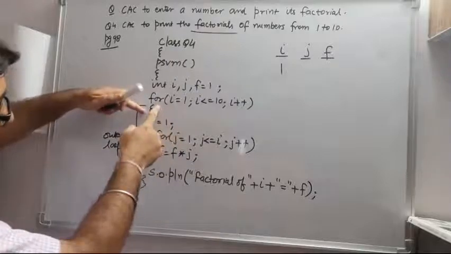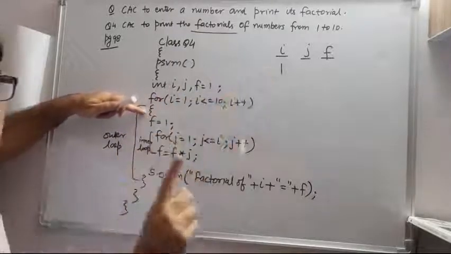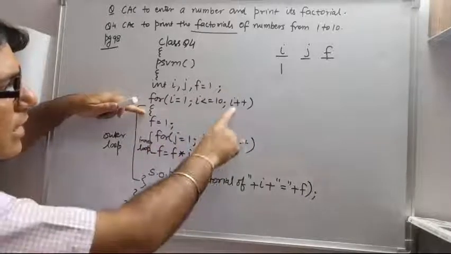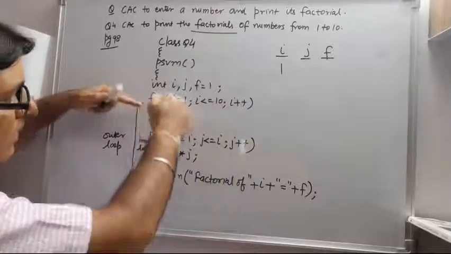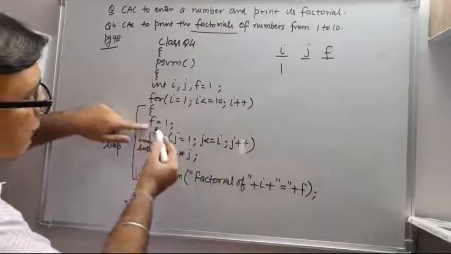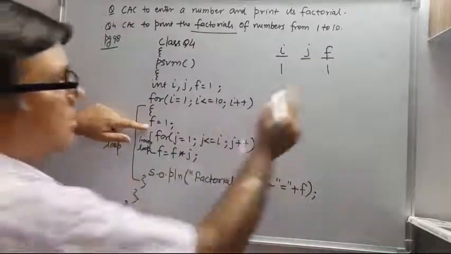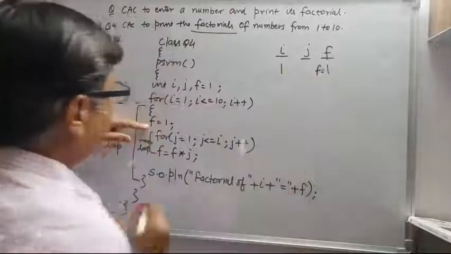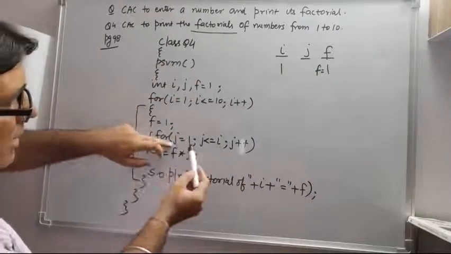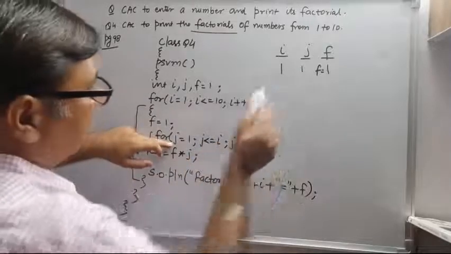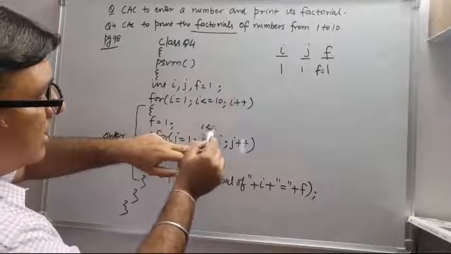So i is 1. It will come down. Now from here to here, the value of i will remain as 1 for one iteration, unless this i++ is done. It will come down and the value of f will be reset as 1. The value of f is 1. It will come down, the value of j is 1. j, that is 1, is less than or equal to i.